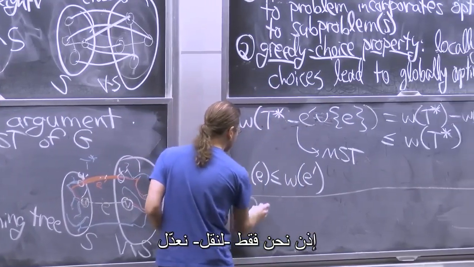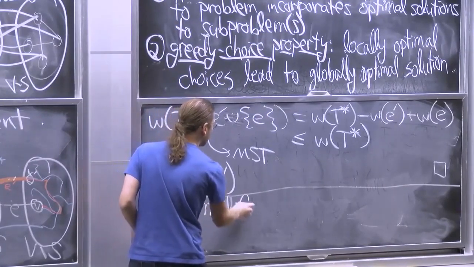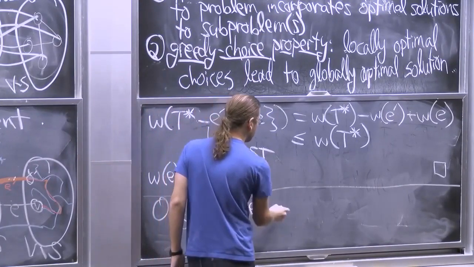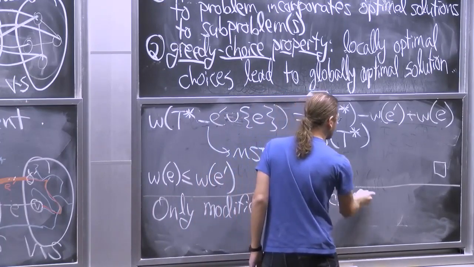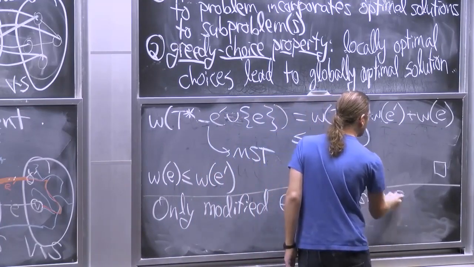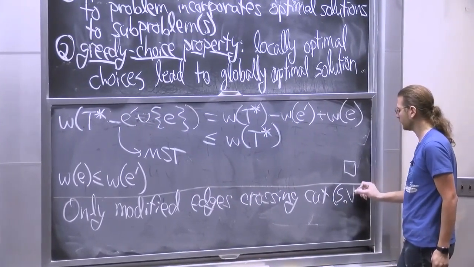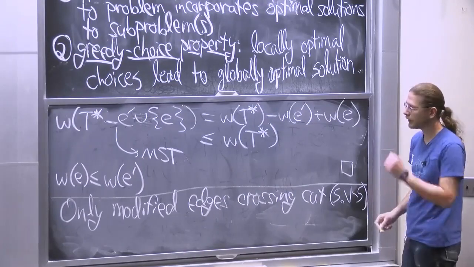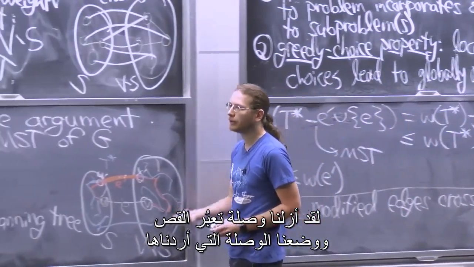So we only, let's say, modified edges that cross the cut. I'm going to use that later. We removed one edge across the cut, and we put in the one that we wanted.